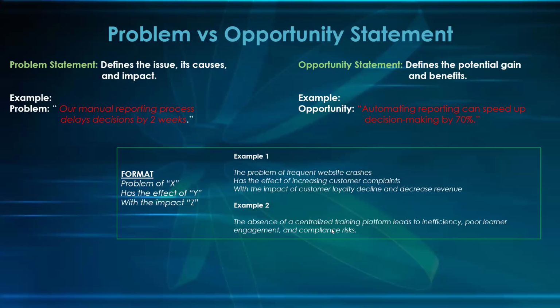The absence of a centralized training platform leads to inefficiency, poor learner engagement, and compliance risk. So you could see that there is a problem or issue, and there's also the impact of the problem and issue. The same way you can define an opportunity statement if that is your case.